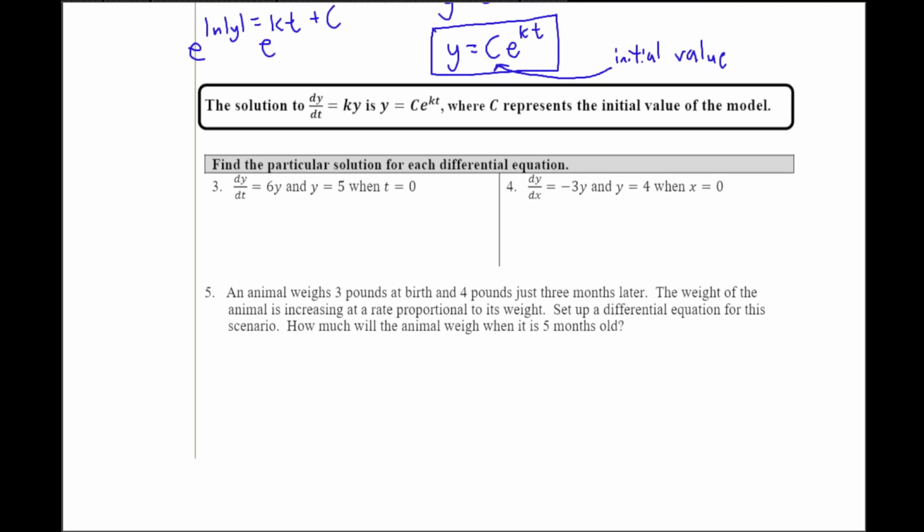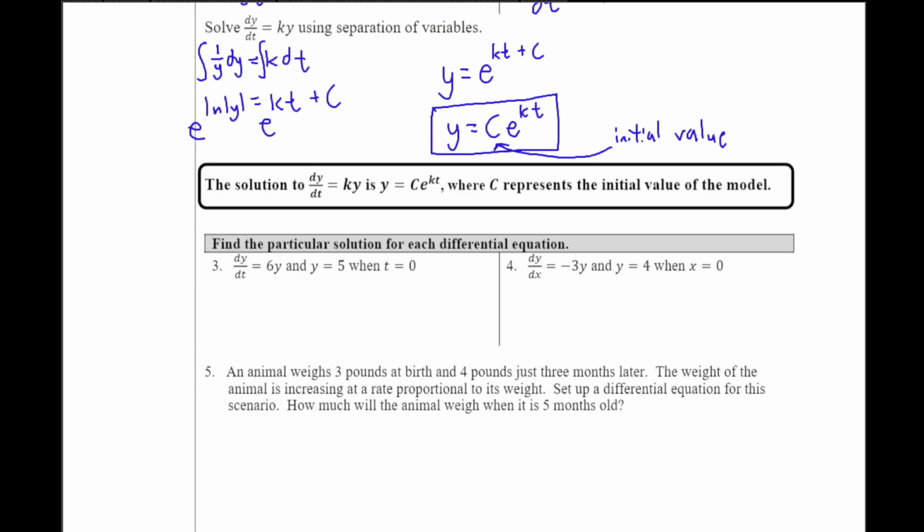So find the particular solution for each differential equation. Normally we could separate the variables and do all that algebra and calculus. But now that we have this formula, we can save some time. So y equals, you see when t is 0, y is 5, that's your initial value, c. So it's 5e to the kt, k is just this number right here.